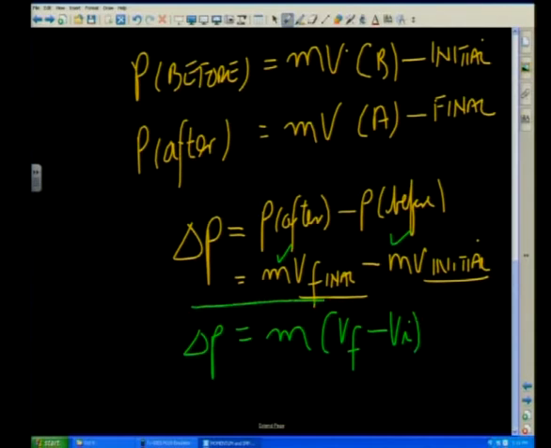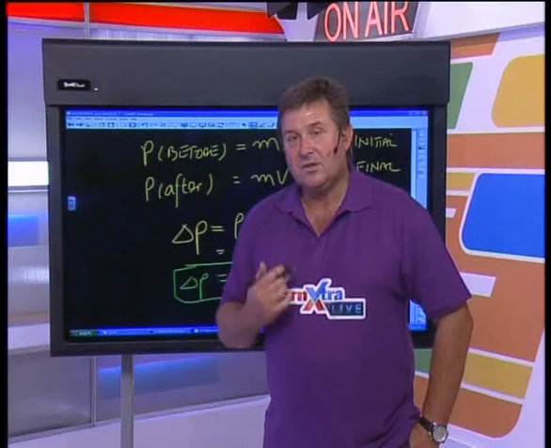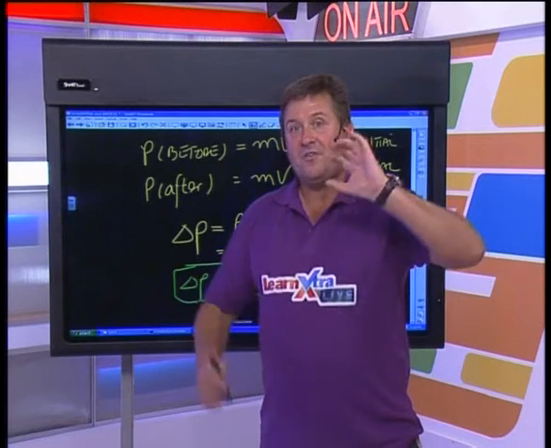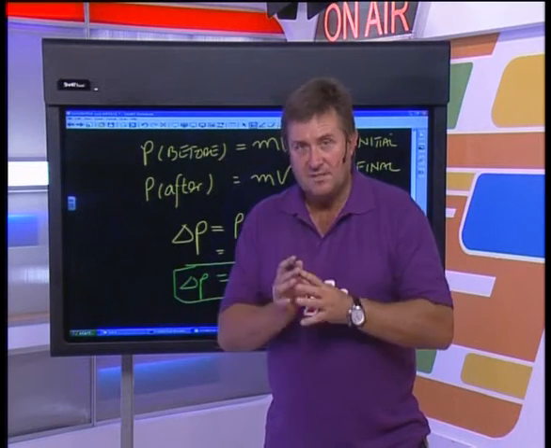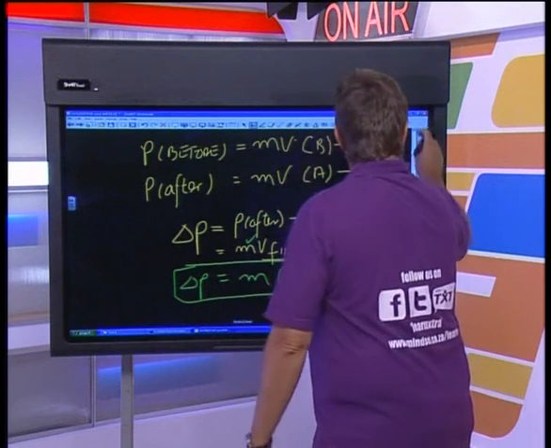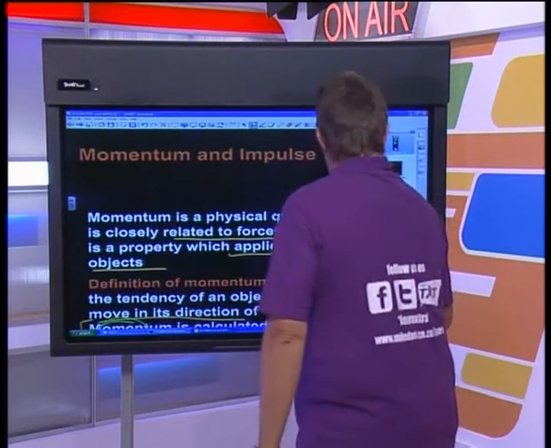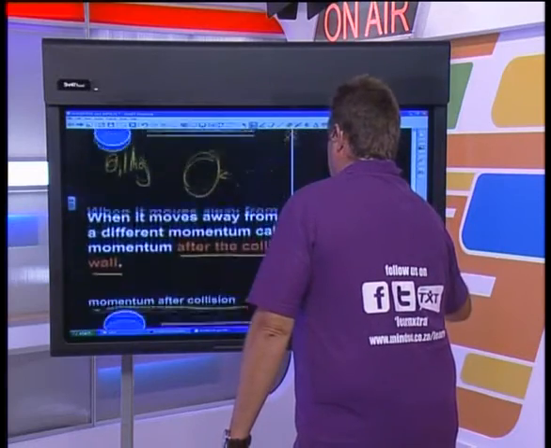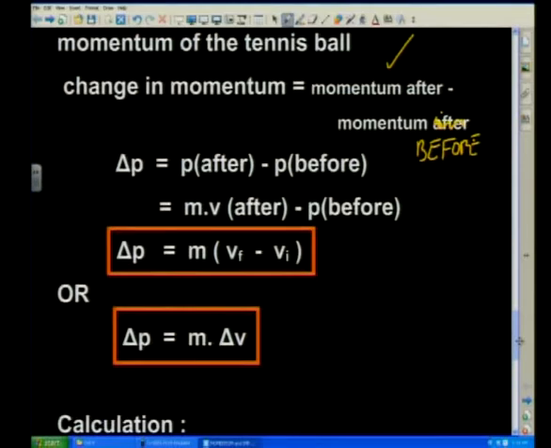And there, guys, we've developed an equation to allow us to calculate the change in momentum. Crucially, we must know what the initial and final velocities are to work out the change in momentum. If we go back to my original slide, you will see there it is: delta P is equal to m(vf minus vi).